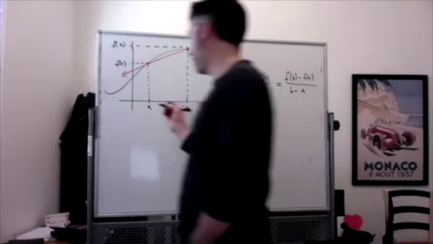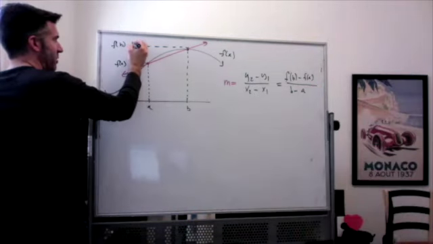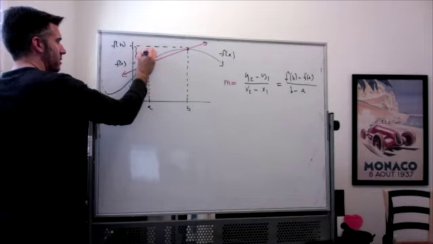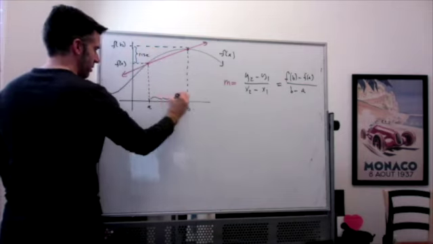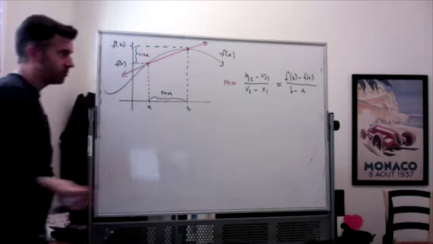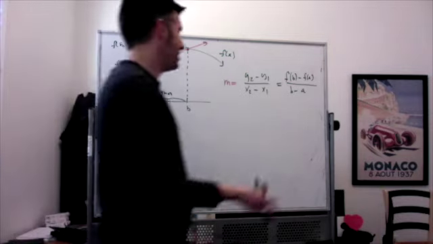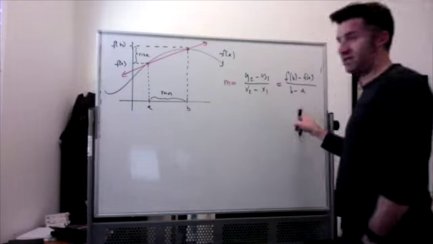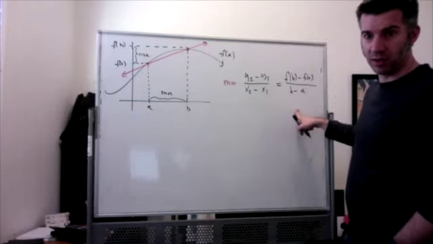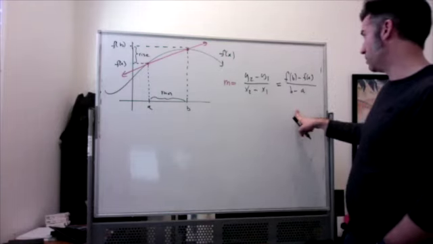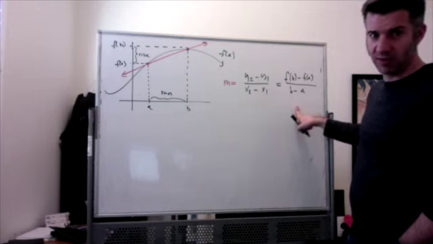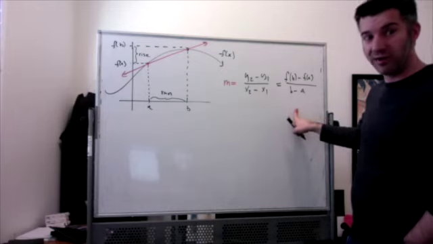Or if you prefer, you can think of this f of b minus f of a as the rise, and b minus a, the run. Slope is rise over run. So that's how we calculate this. Now, this is not the way we are actually going to do it, although it's perfectly fine to do it this way. And you'll definitely see some professors talk about this when they talk about defining the derivative.